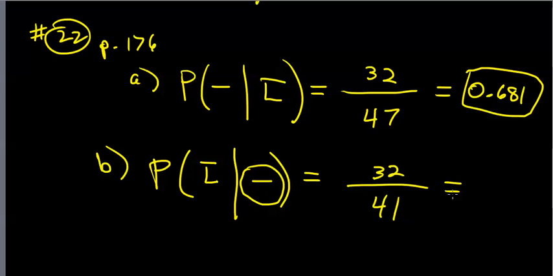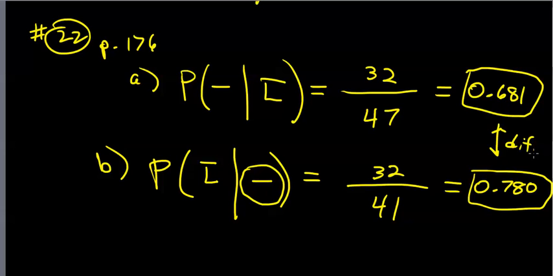Right? 32 non-liars within the negative test results. All right, notice these numbers have changed a little bit. And if I punch this out, I get 0.780. So certainly not an insignificant difference, considering all probabilities have to be between 0 and 1.